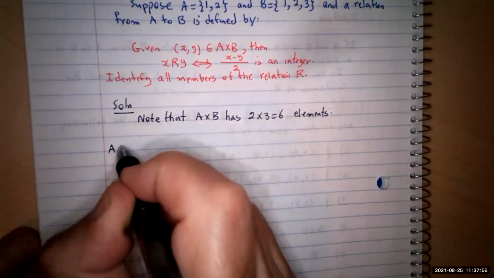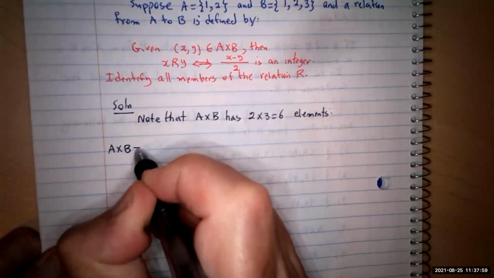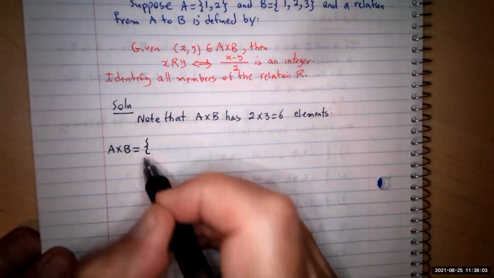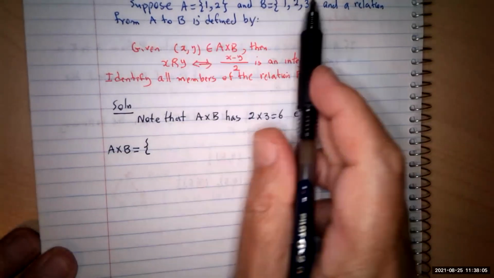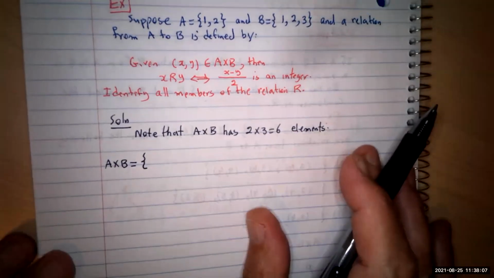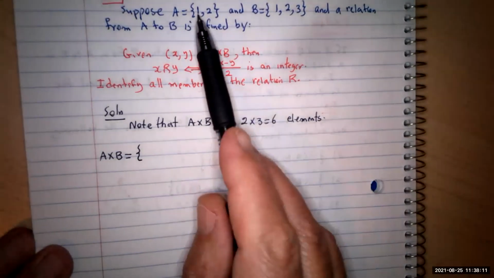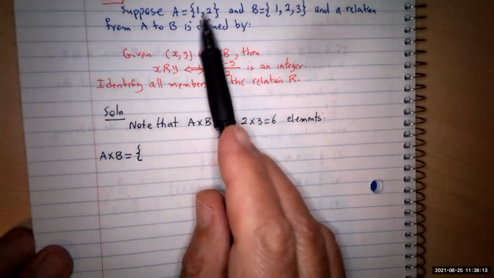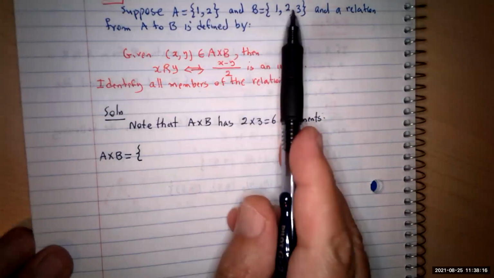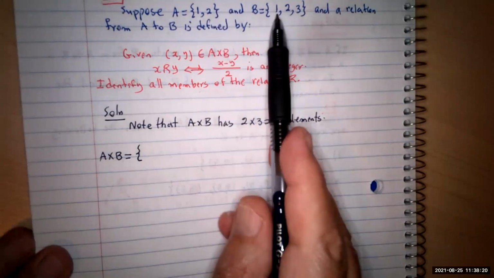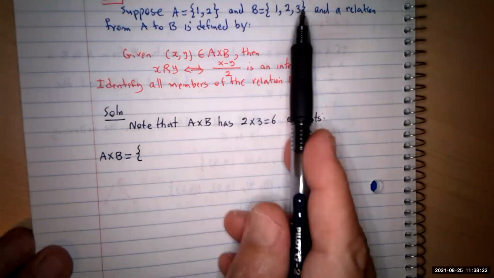So A cross B is a collection of, remember, you pick each element in A and you connect it to all the elements in B, and then you come back and continue, and you should get 6 elements. The first number is 1, so we get (1,1), (1,2), (1,3). Then you come back with 2: (2,1), (2,2), (2,3).